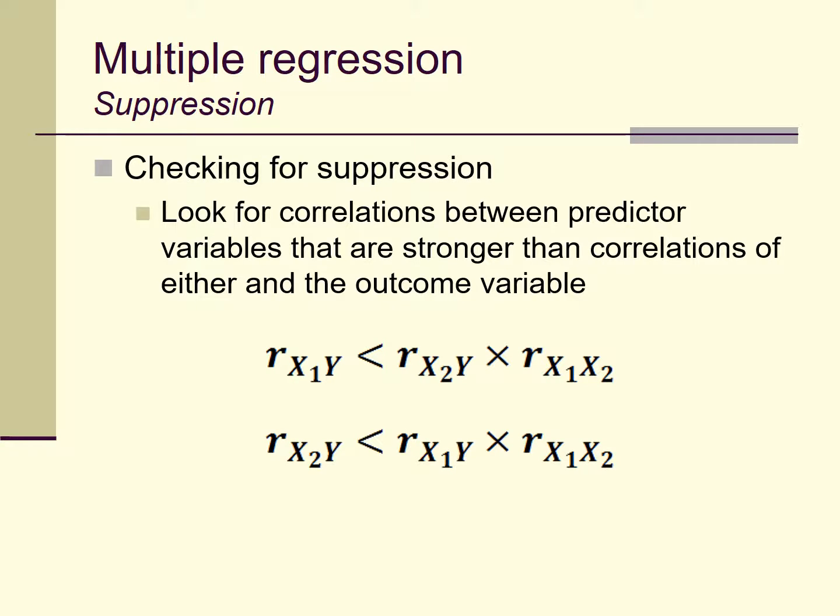So you might, for instance, take the correlation between the first predictor variable and the outcome and see if it's smaller than the product of the correlation between the second predictor variable and the outcome and the correlation between the two predictor variables, or vice versa. That's just a quick check that you could use to see if you might have a situation where there's suppression.